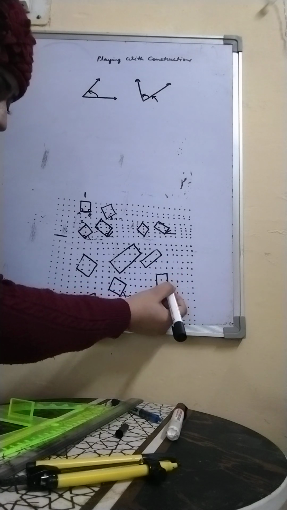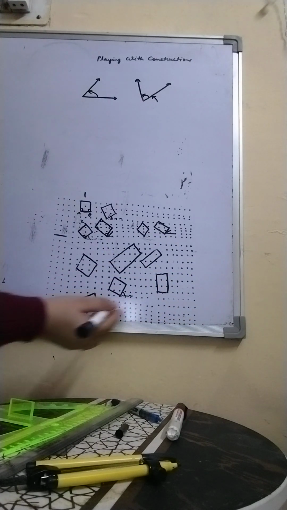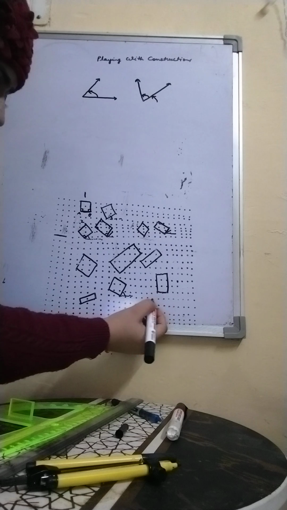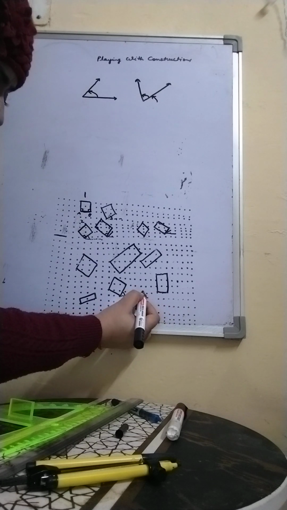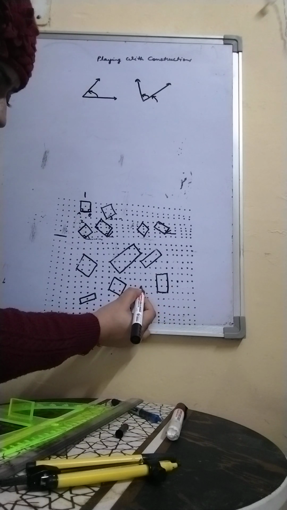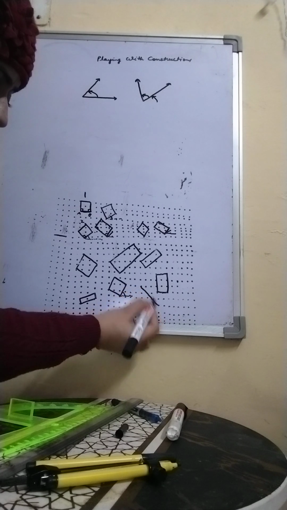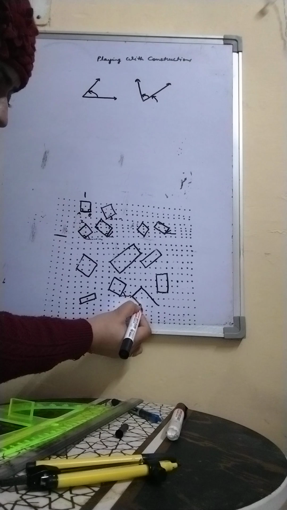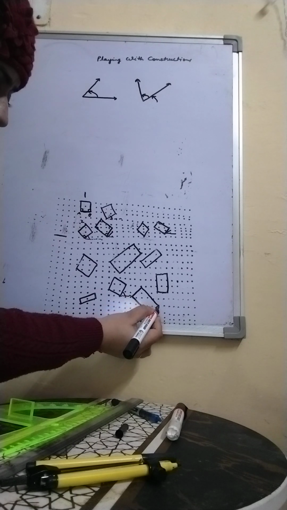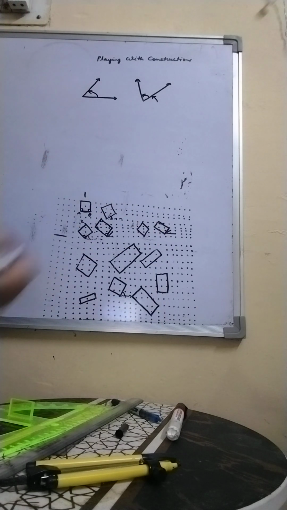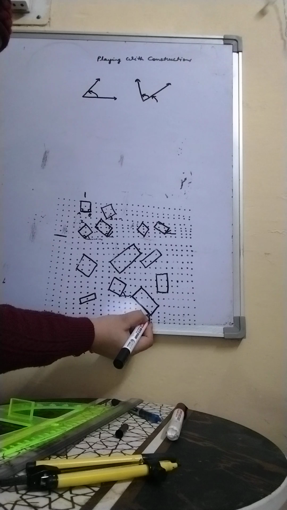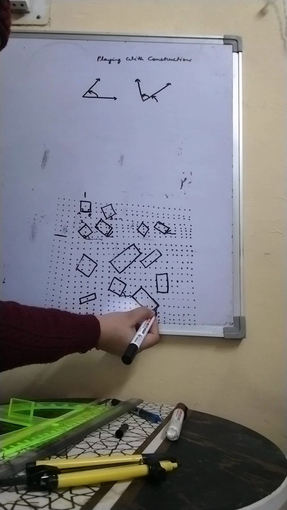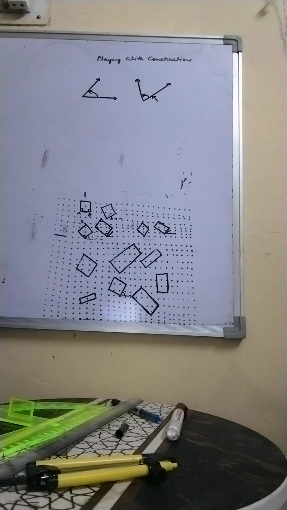This is 90 degrees. Now I bent it, or I can incline it like this. So my joining would be somewhat 4 here and 3 here, 4 here and 3 here. So in this way you would get the rectangle.